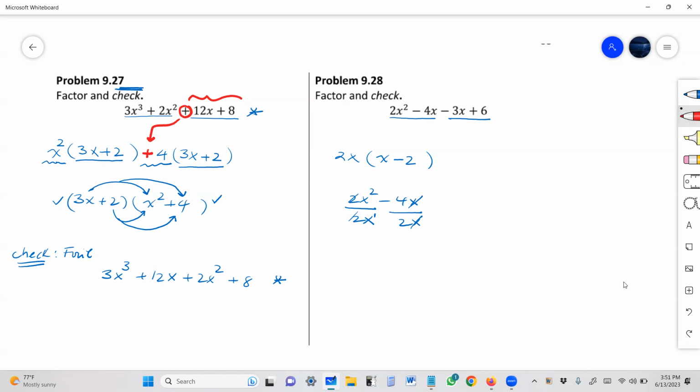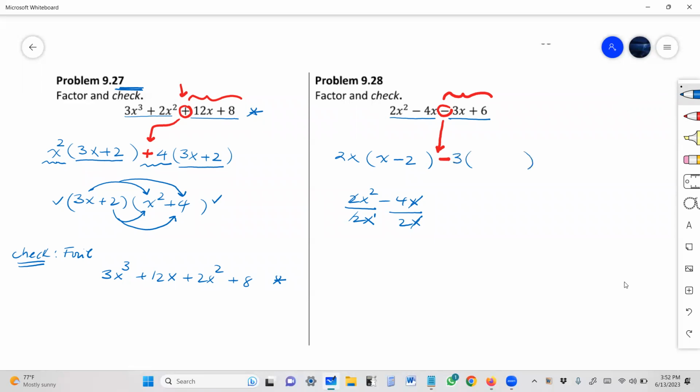Okay, so I'm done with the first GCF. And now here is the second group, and here's the sign in front of it. Remember what I said over here, whatever this sign is, positive or negative, it has to be right there. Now I need a common factor between 3x and 6, which is 3.